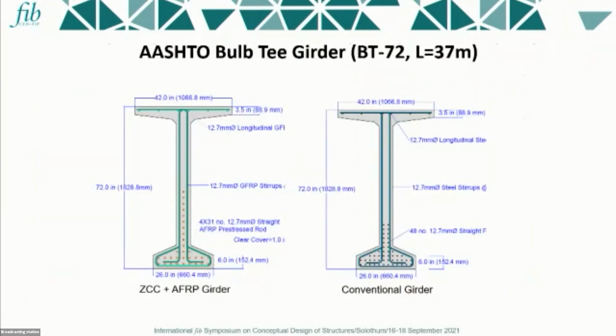I try to calculate the difference by using Attisholz girder, 37-meter length, conventional girder, and zero cement concrete and AFRP. But this time, the strength of the concrete is more than 150 MPa, but I didn't change the dimension of each members.